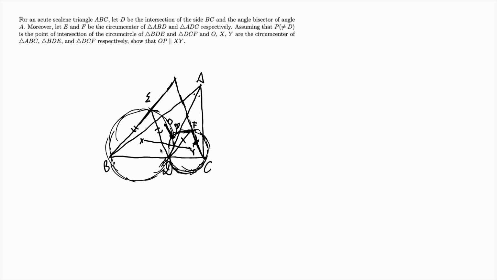Because this is true, this angle plus this angle are the same. Now the angle right here and the angle right here are the same. So we know that these two are the same.